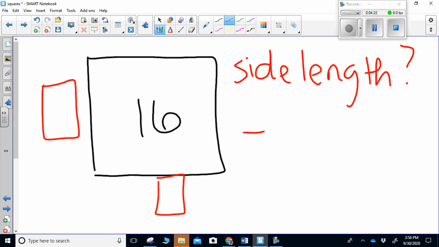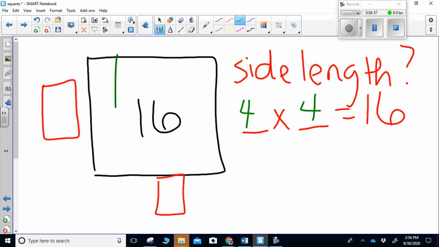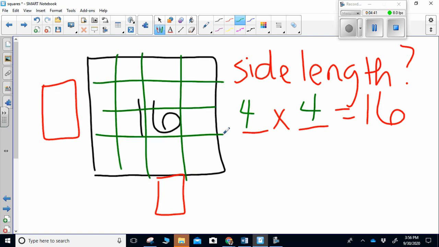So what times what equals 16? Well, I know that that's going to be 4 times 4. So if I drew 4 lines here and 4 lines here, sure enough, my area is 16 square units.